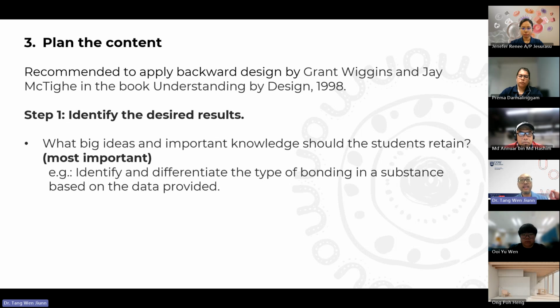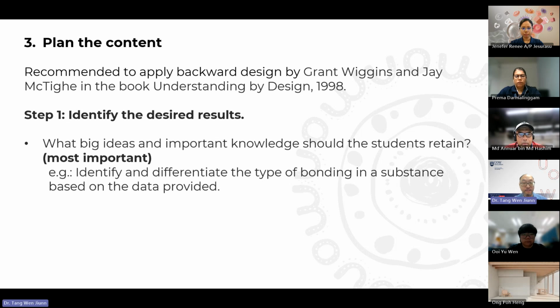We think about, if I give this question to the students, can they answer? From that part, we come back to the big idea. After I complete this particular topic, what will be the big ideas or the important knowledge the students should retain and know, so that they can answer the question? This is the most important thing.